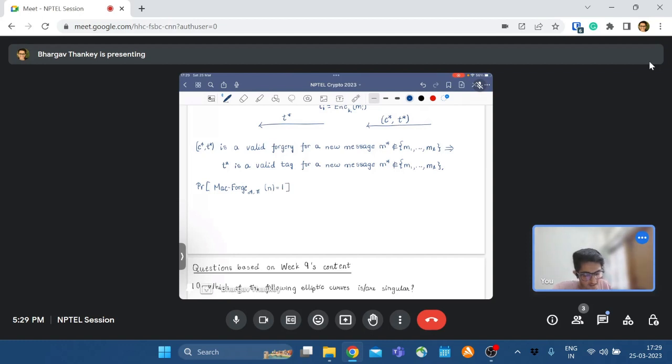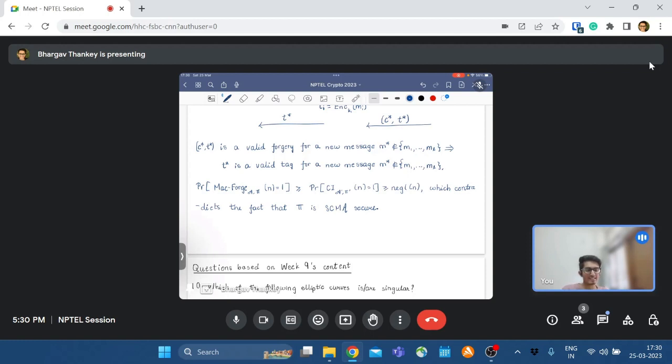The probability that A succeeds in forging a MAC is at least the probability that A prime succeeds, since whenever A prime succeeds, A succeeds.